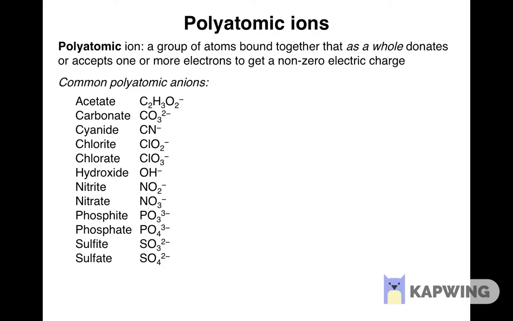The superscript indicates the total charge of the polyatomic anion, not a charge of an individual atom in it. This list of polyatomic anions is far from complete, but the anions included in it are some of the most common and the only ones that we will deal with in this course.